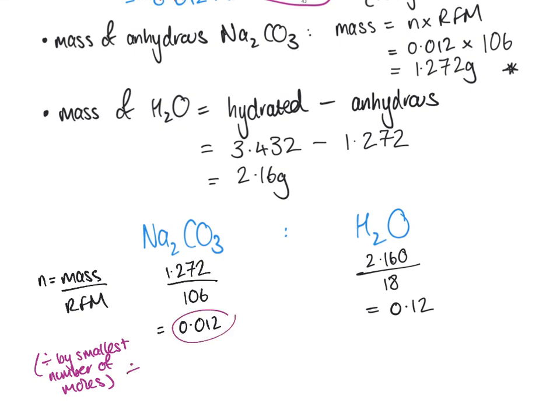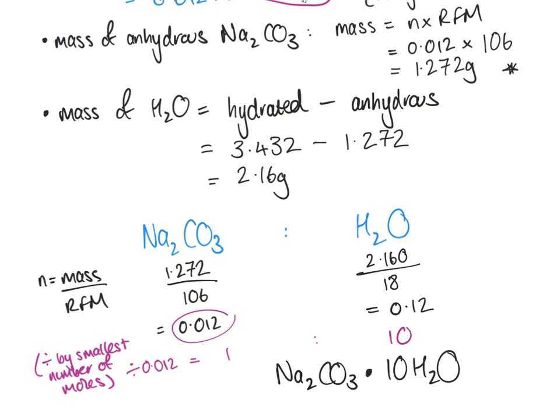So we divide both of those numbers by 0.012. That's going to give us 1 mole, obviously, of our sodium carbonate. And then 0.12 divided by 0.012 gives us 10. So that means for every 1 mole of sodium carbonate, we have 10 moles of water. So that is our degree of hydration.